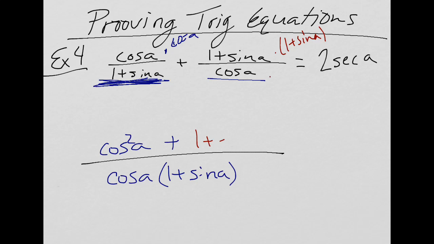So that's 1 plus sine A times 1 plus sine A, right? So I could just write 1 plus sine A, the whole thing squared. So what does that mean I'm going to have to do? Pull it out.